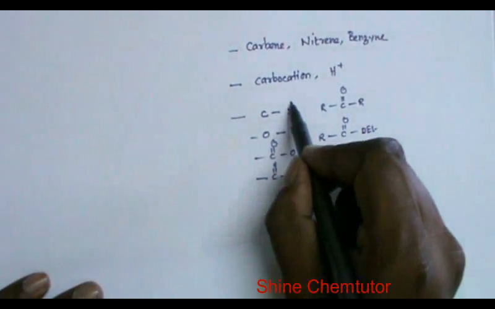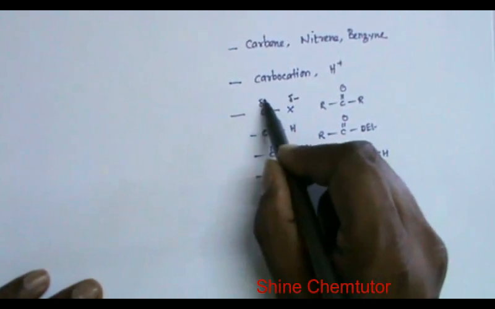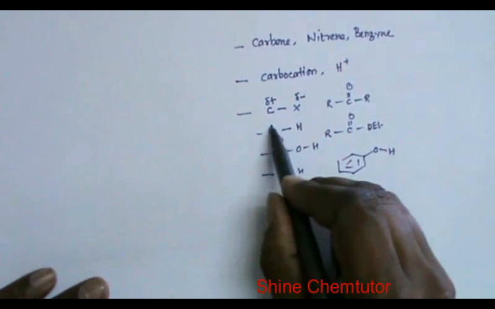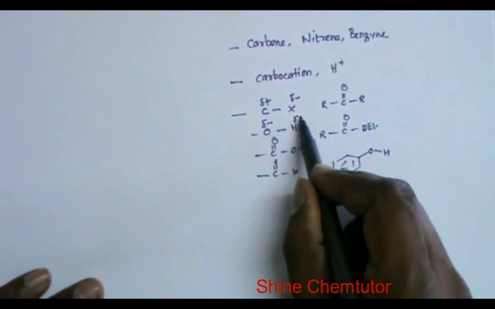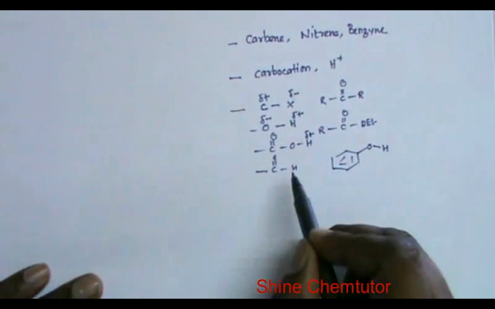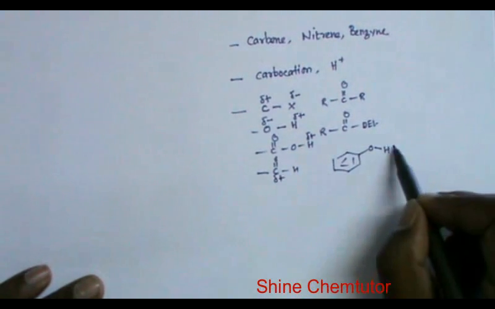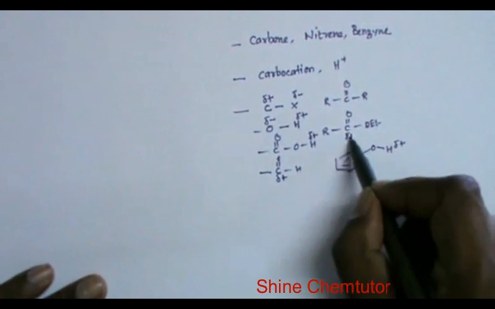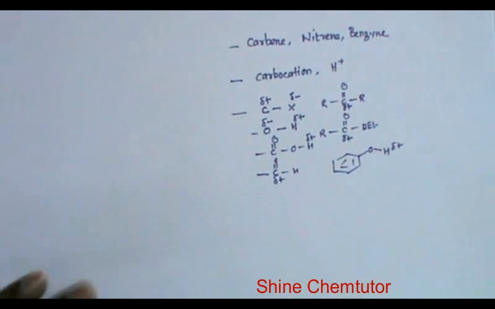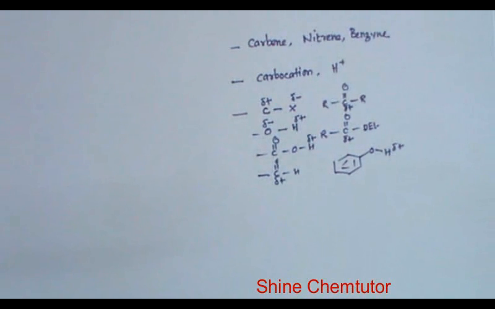In this case, this is more electronegative, so we get delta plus on this. This is more electronegative, so we get delta plus. Similarly, delta plus here, delta plus.